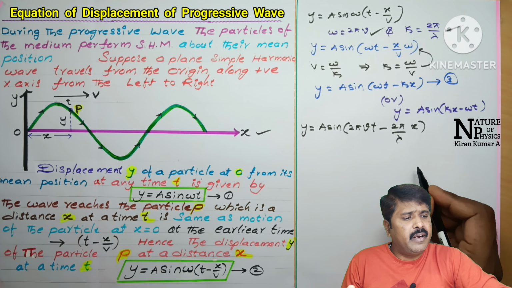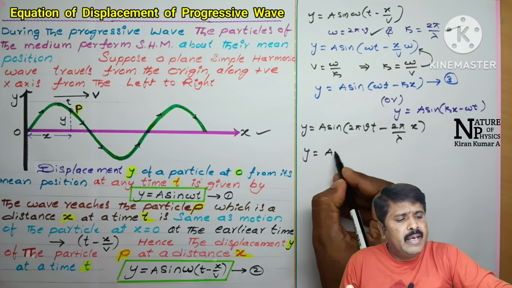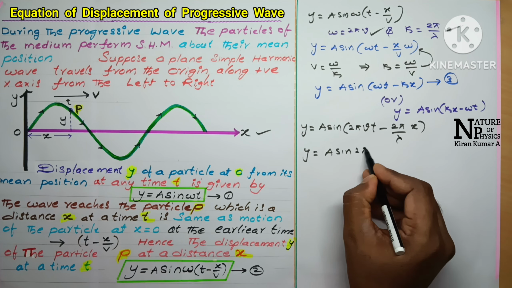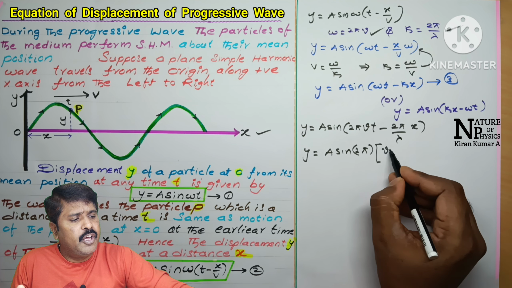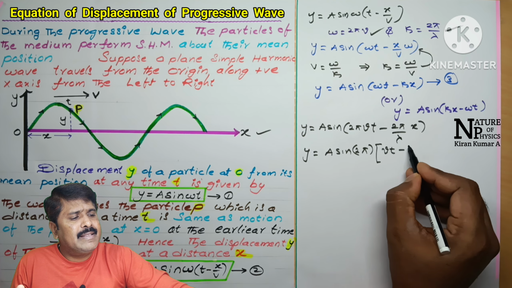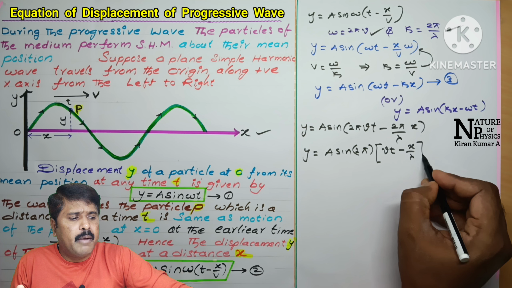In the next step, 2 pi is common, so that is mu t minus x divided by lambda.